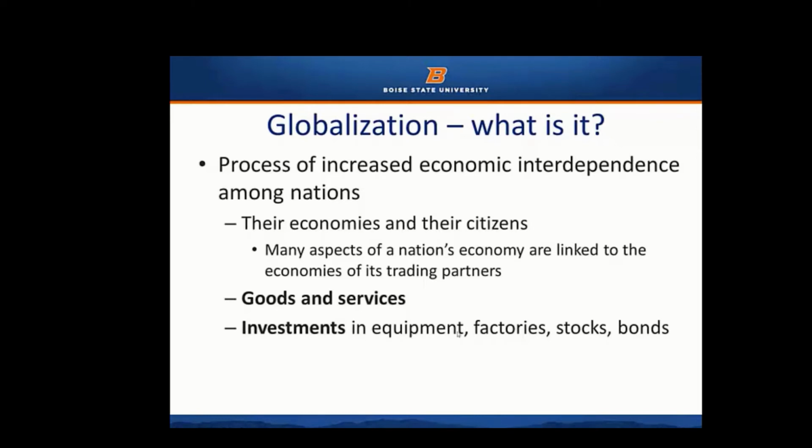So investments in equipment in other countries, factories in other countries, financial assets. So U.S. citizens purchasing foreign stocks, foreigners purchasing U.S. financial assets. So these are the two main aspects that we're going to be looking at: the flow of goods and services and financial flows.